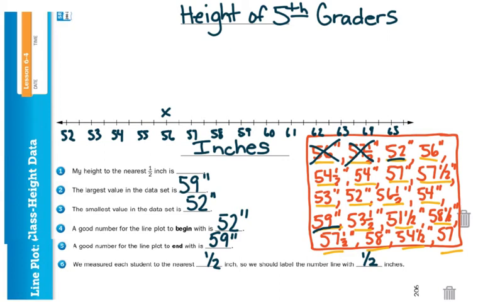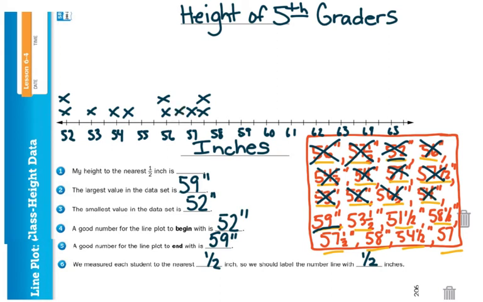Remember, that would be halfway between 57 and 58. 52. 56. 54 and a half. 54. 57. 57 and a half. 53 inches. 52 inches. 56 and a half. 54 inches. 59 inches. 53 and a half inches.